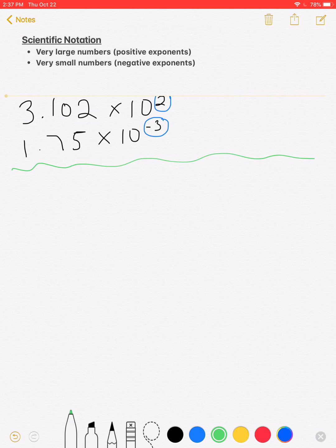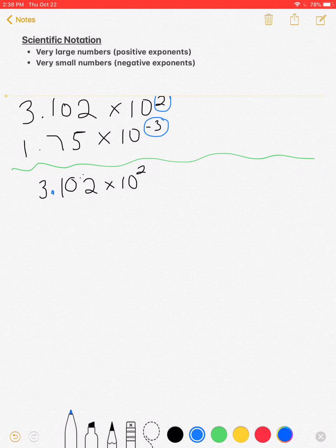So let's take our 3.102 times 10 to the second. What we're going to do is, with our 3.102, we already know that this is a large number just because it has a positive exponent. I'm going to make my decimal point blue, just so we know where it's at.